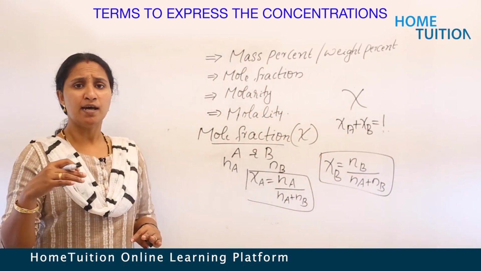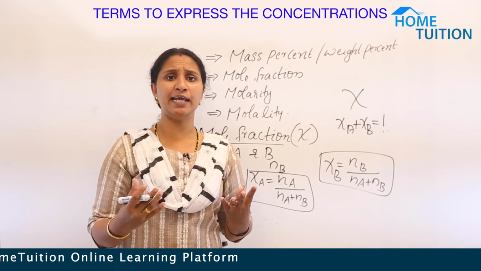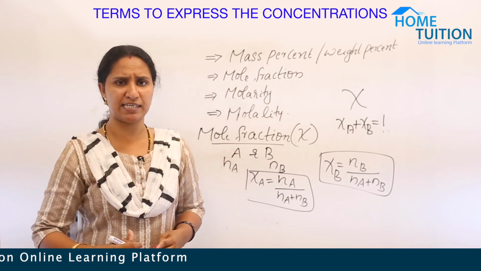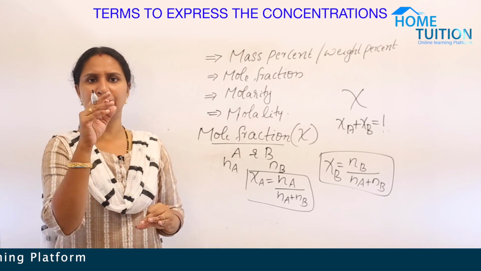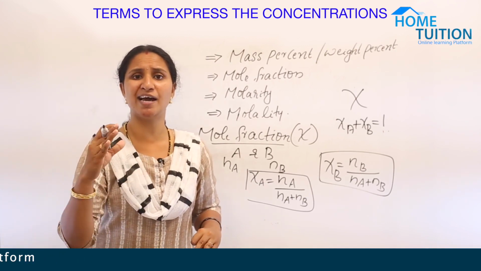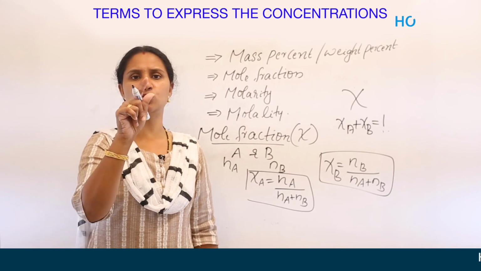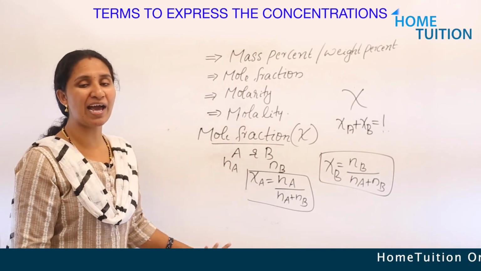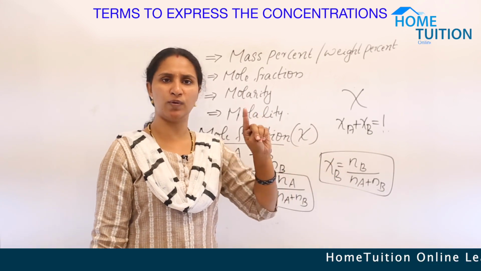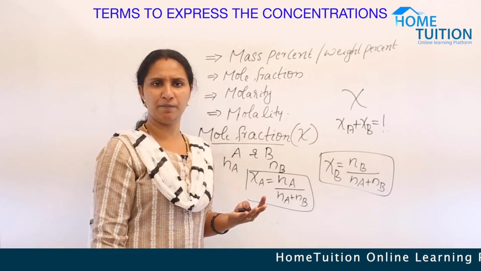Suppose our solution contains three components, chi A, chi B, chi C. Then the sum, chi A plus chi B plus chi C, is numerically equal to 1. That is, the sum of mole fractions of all components is equal to 1. And how is it possible?